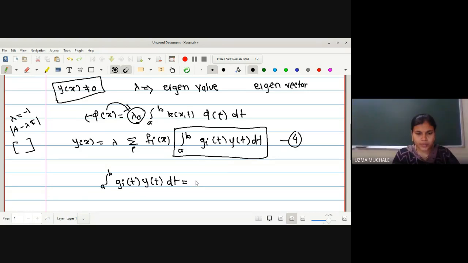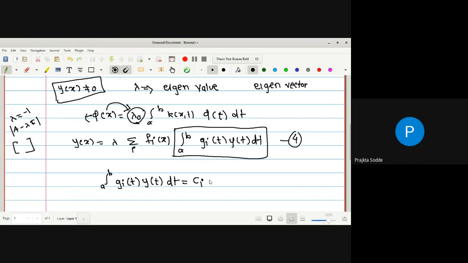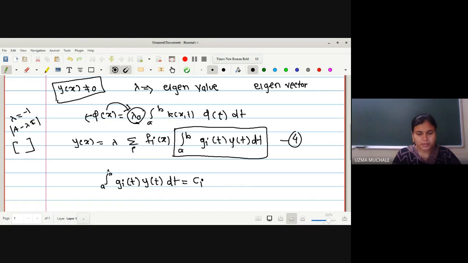What will be the nature of this? If the upper and lower limits are given to us, both are constant. We are in the case of the Fredholm integral equation. So it is some constant value in terms of a and b. We can rename it as c i, where i is running from 1 up to n, whatever the value of n we have.